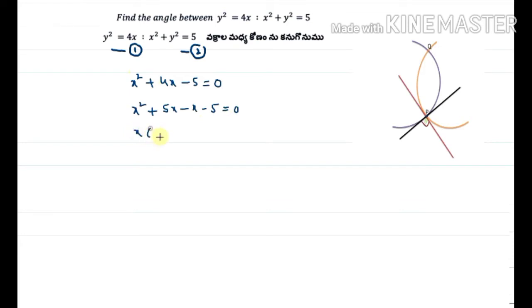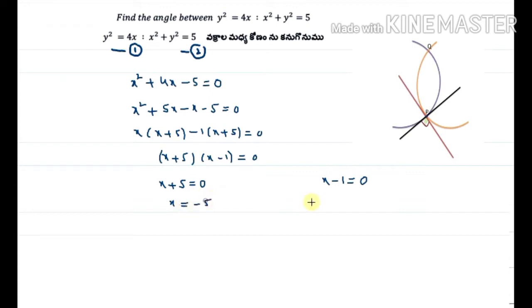Here x is common, x plus 5, here minus 1 common, x plus 5 is equal to 0. Again taking x plus 5 common, I will get x minus 1 is equal to 0. From here, x plus 5 is equal to 0 is one factor. Another is x minus 1 is equal to 0. From here, I will get x is equal to minus 5 and x is equal to 1.